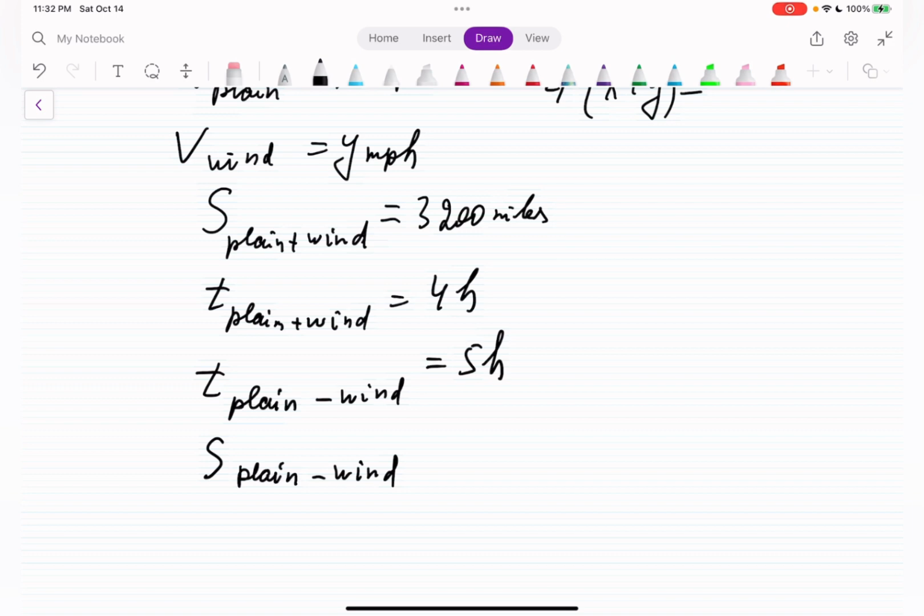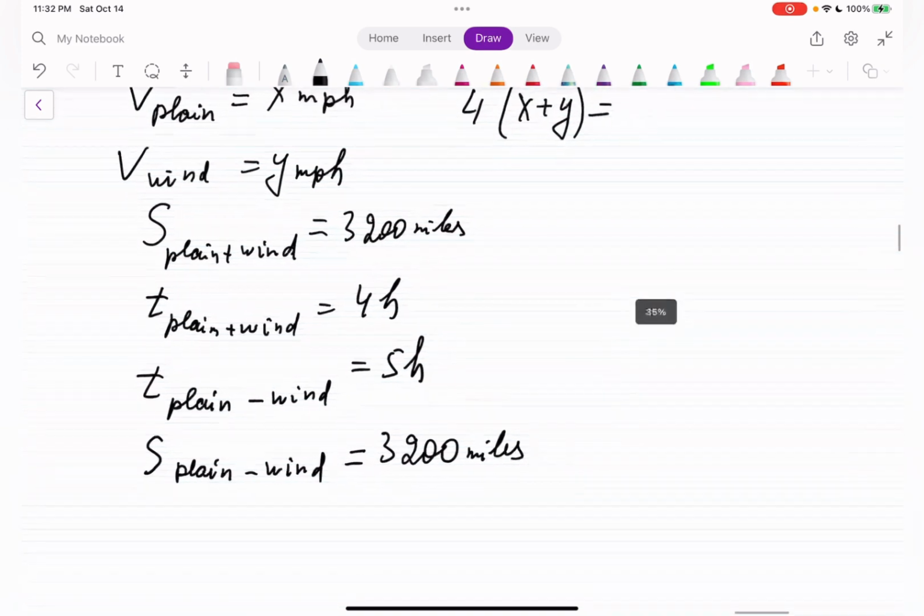The return is the same trip, it's just going to take 5 hours. Distance is the same, it just takes 1 hour longer.